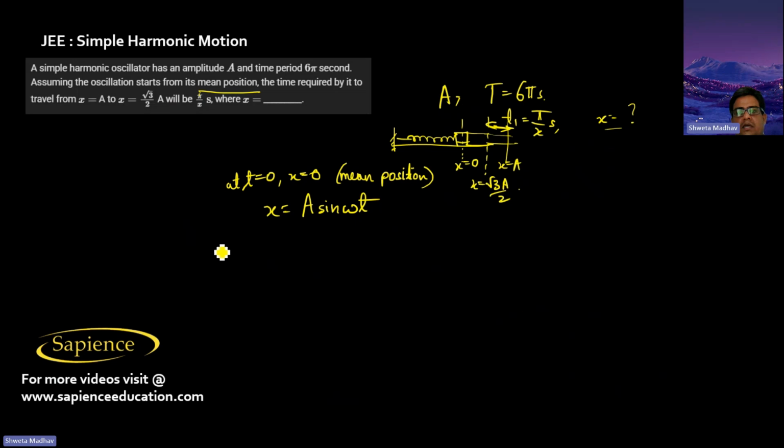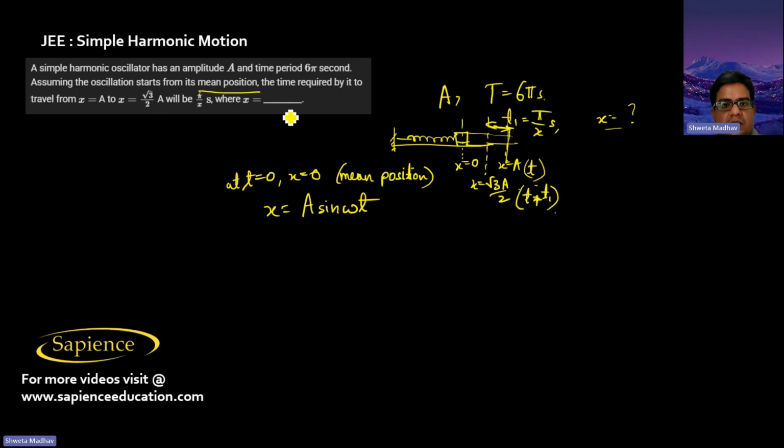So x will be equal to a, let's say, at time t, then it will be at x equal to root 3a by 2 at time t plus t1.